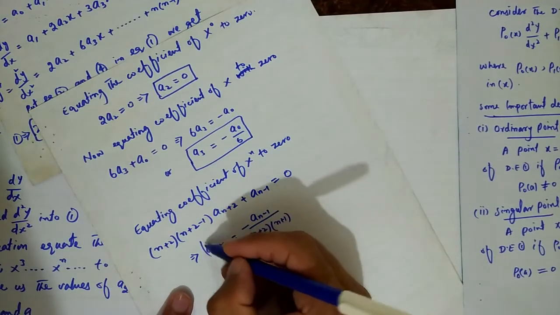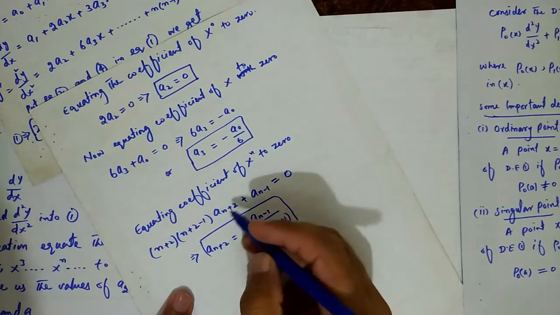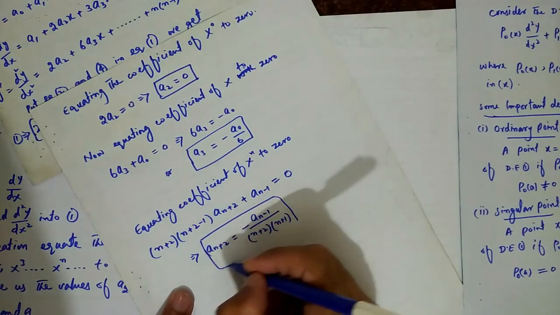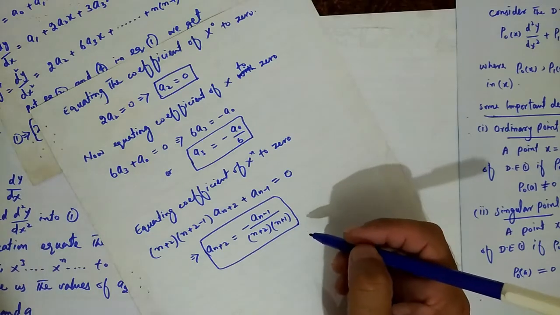So this is the recurrence formula by which we can get all the coefficients.